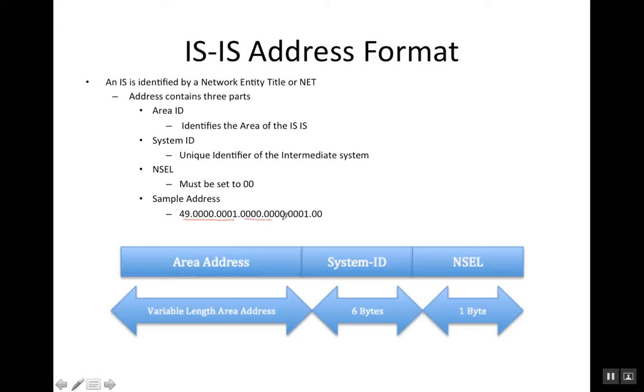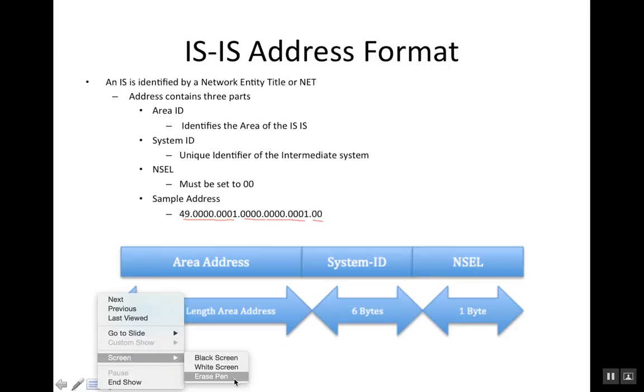And this piece of it represents your system ID, which is the unique identifier of the system itself, a 6-byte field, or 6 bytes in total. Then your NET selector is these last two fields here, which is used for ISIS internally, so it's not something that you go and set yourself.